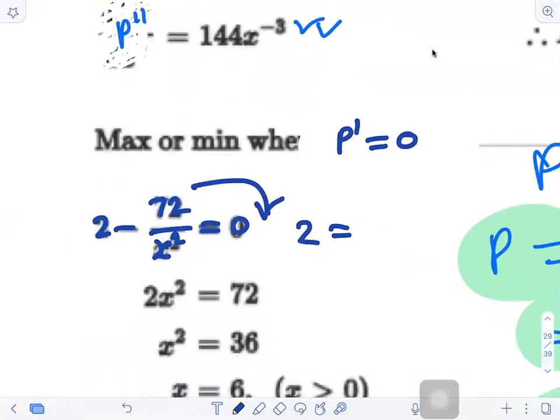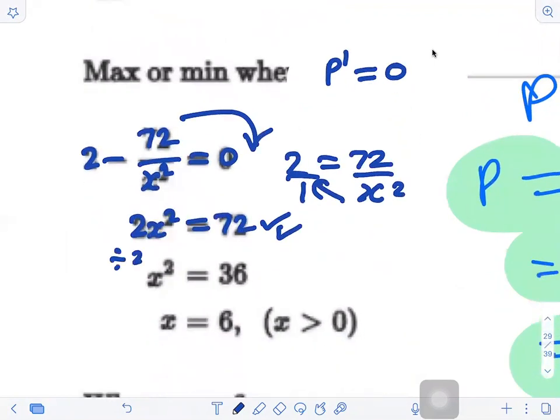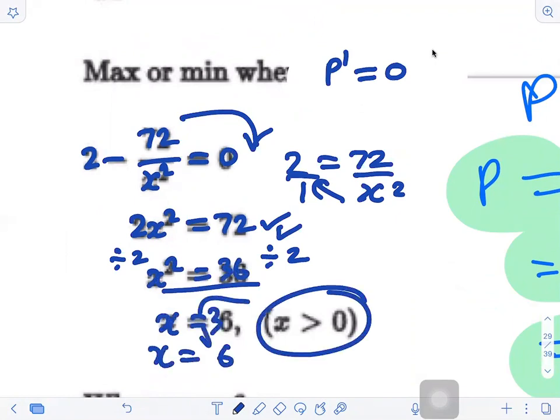So you get 2 equals 72 on x squared. If you cross multiply, you get 2x squared equals 72. Divide by 2, you get x squared is 36. And then square root it. So it gets 6. And x is positive because it is a length.